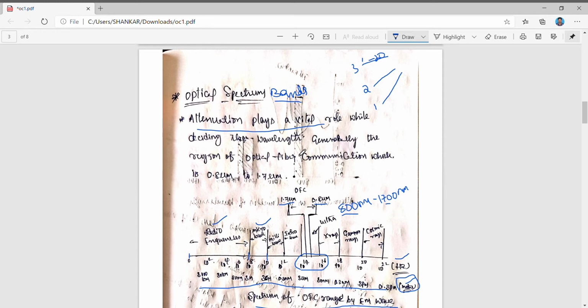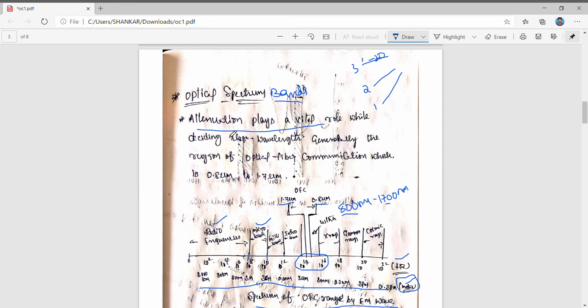If the attenuation is high, then at the receiver we receive a very weak signal. In order to get a strong signal, the attenuation should be low. For that, we have to choose a particular wavelength at which the signal attenuation will be low.